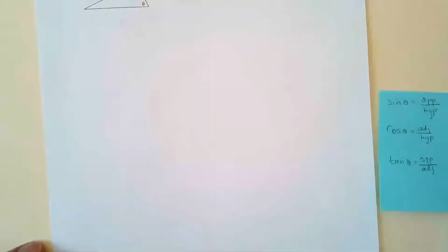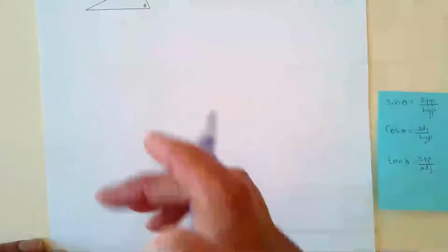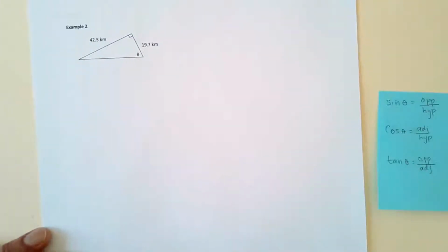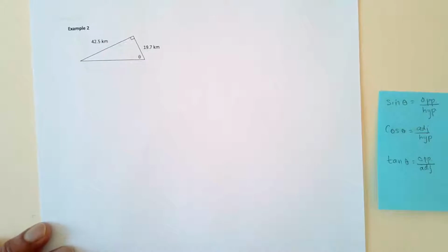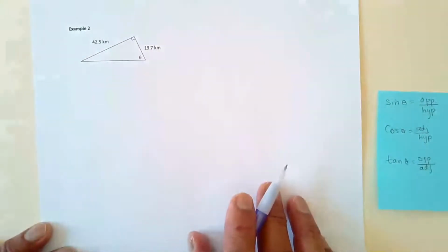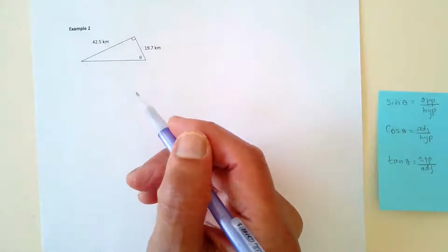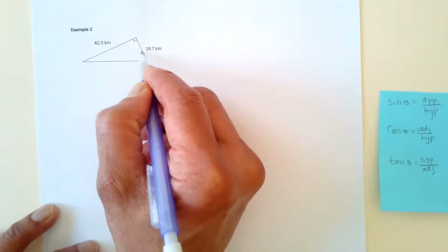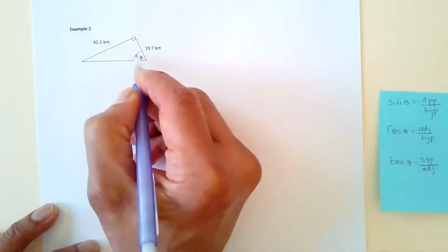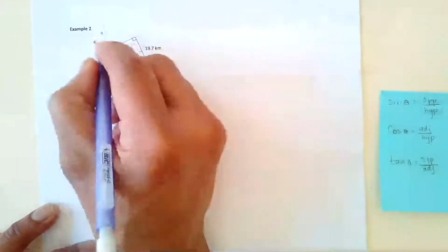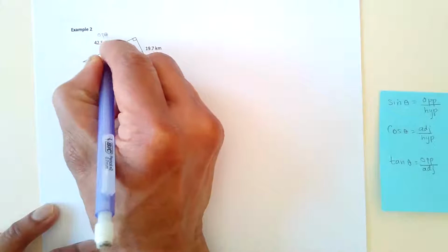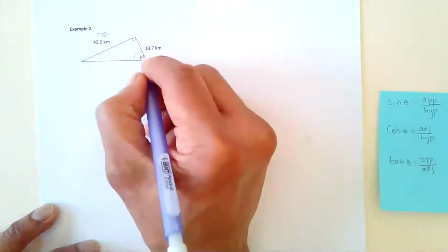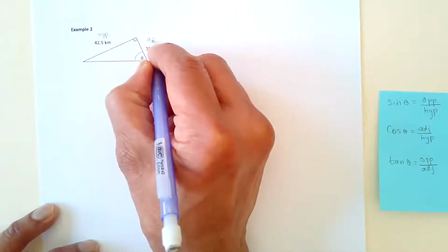Let's go into the second example. In the second example, we have a slightly different orientation, but that shouldn't confuse you because we'll use the symbol given here as the angle. The side opposite the angle is the opposite side, and the side adjacent to it is the adjacent side.